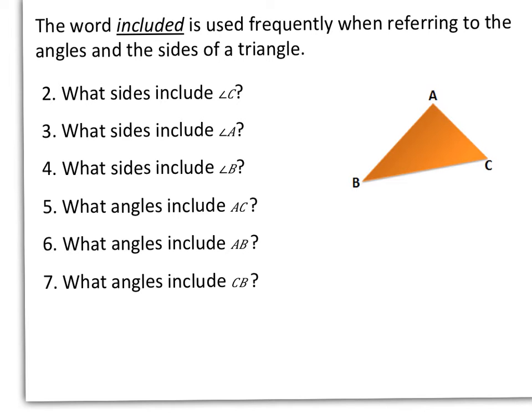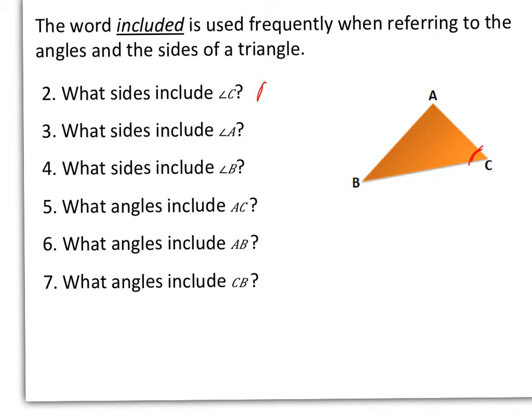The word included is used frequently when referring to the angles and the sides of a triangle. So referring to our triangle on the right, triangle ABC, we're going to answer a few questions on sides and angles that are included. So number 2 says, what sides include angle C? So in other words, what sides contain this angle here?